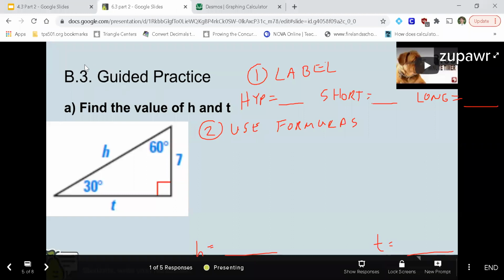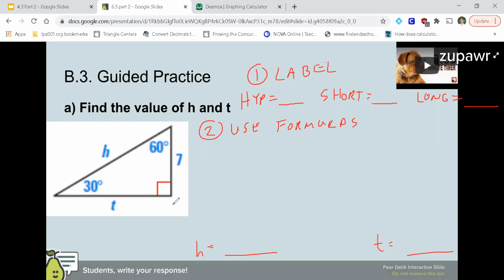Okay. So can anyone tell me which of these is the hypotenuse? H, T, or 7? That's right, H. Which of these is the short leg, T or 7? Yes, very good. And then T would be the long leg.